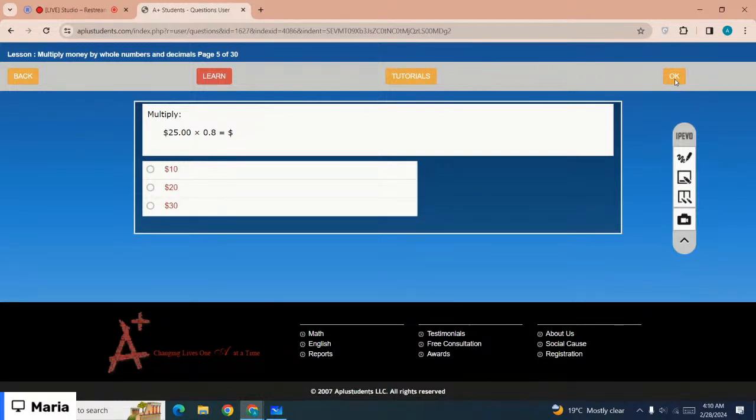You can multiply and write the answer in the chat box. Which is the correct option?